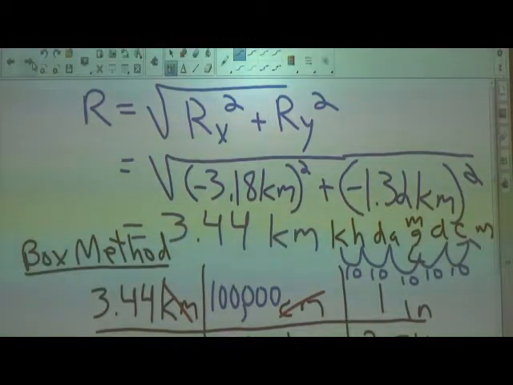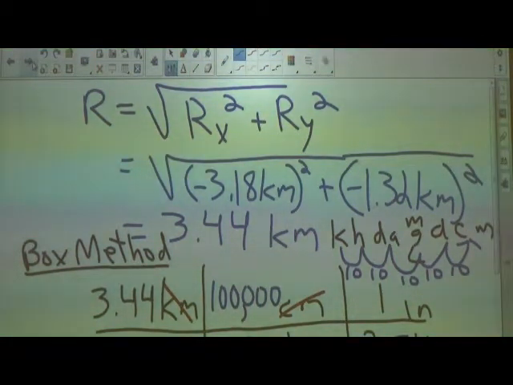Ooh, here we go, Bunnyhop Method. King Henry died Monday drinking chocolate milk. So let's hop over. 1, 2, 3, 4, 5. So that's 10 times 10 times 10 times 10 times 10, so that's 1 and 5 zeros. So here we go, 100,000. So there's 100,000 centimeters in a kilometer. So you cancel out kilometers.